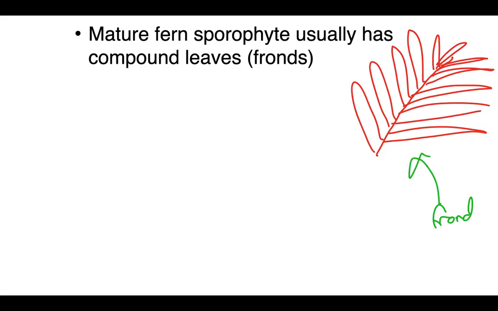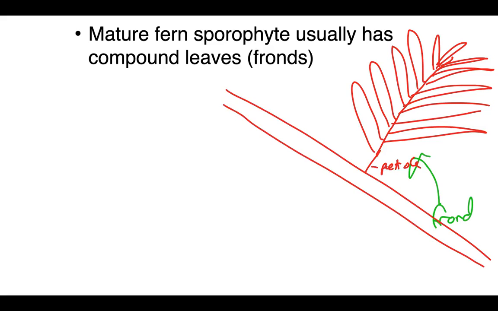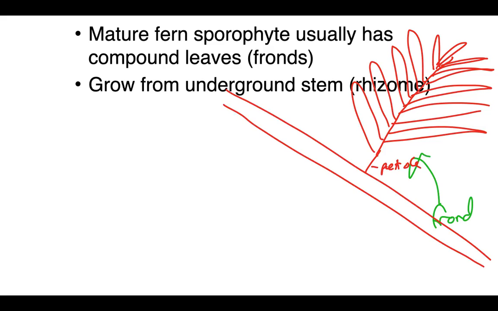That's a compound leaf. Remember, compound leaf means, let's see, this would be the petiole, and this would be your main branch. The fronds grow from an underground stem called a rhizome.